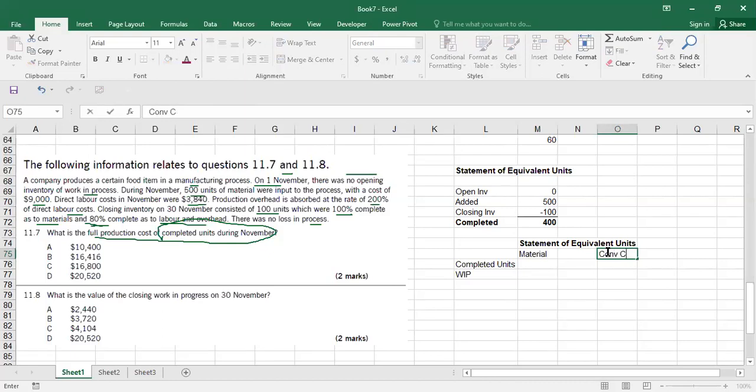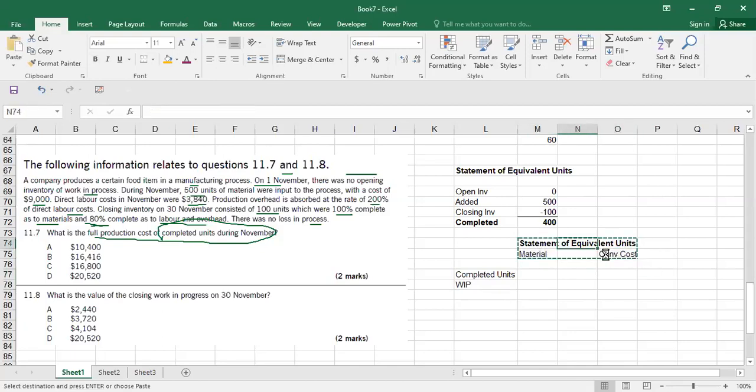You call it conversion cost because the degree of completion of labor and overhead in work in process is the same. Labor is also 80% and overhead is also 80%. So it means I can add it and call it my conversion cost. Because you know that labor plus overhead is called conversion cost. They are 80% finished.